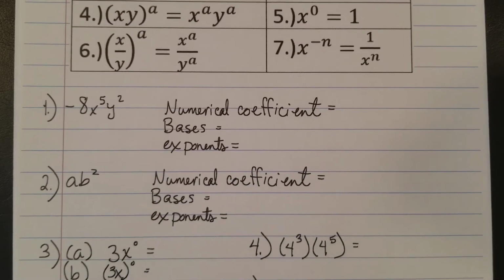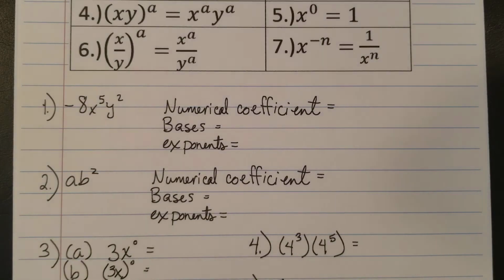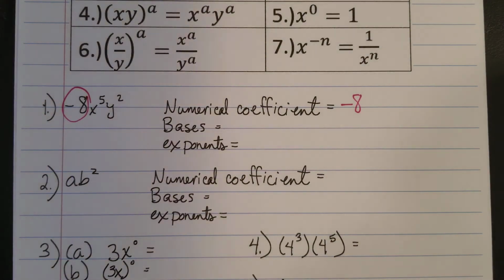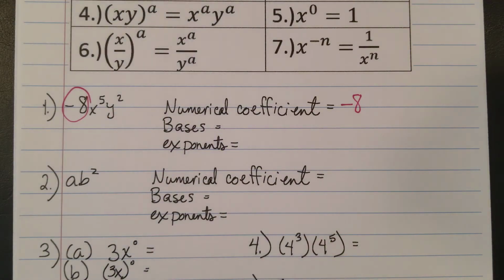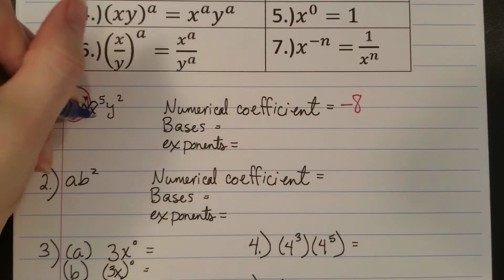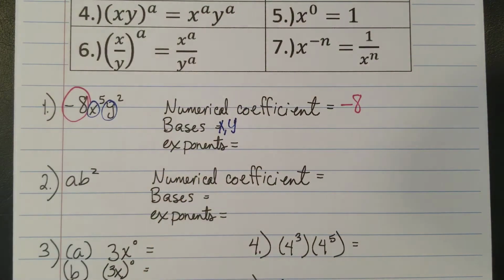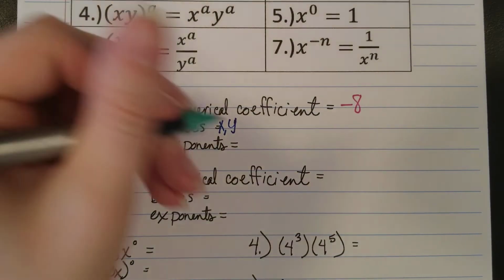So on number 1, the numerical coefficient is -8. The bases are x and y. And then the exponents are 5 and 2.